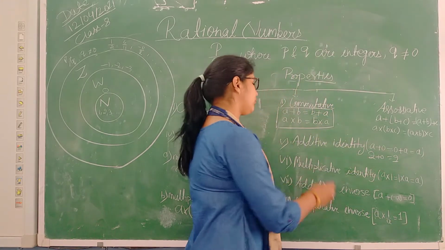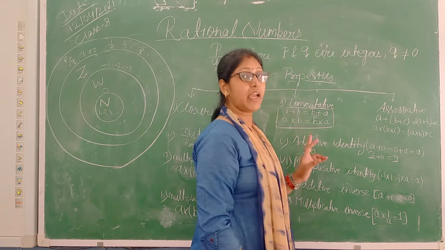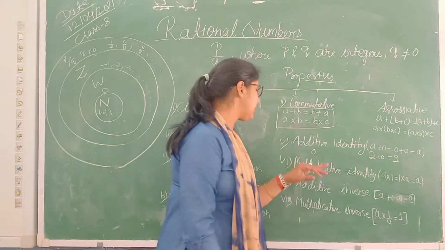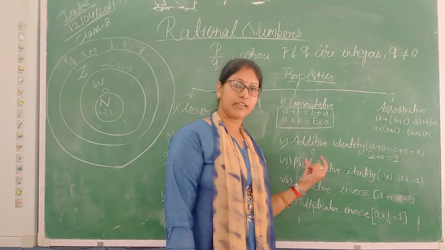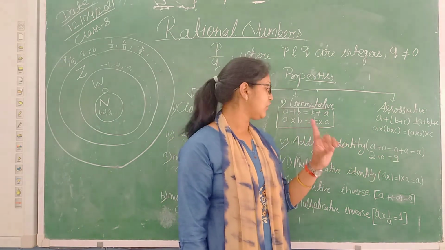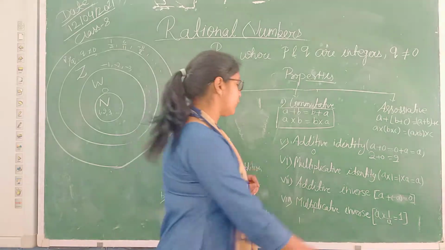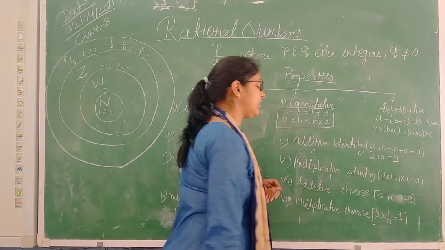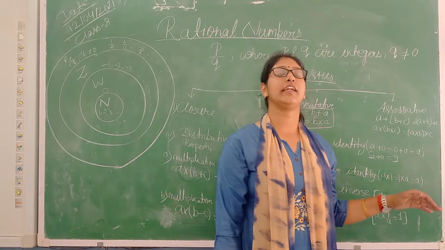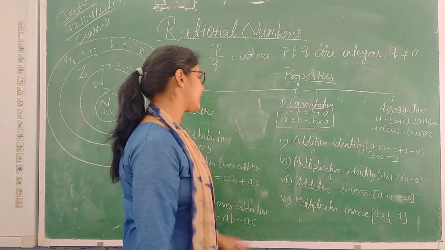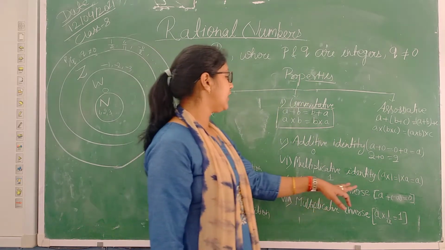So 0 is said to be the additive identity. Same as the multiplicative identity, it means a number by which we multiply and get the same number. It is always 1. So 1 is said to be the multiplicative identity, because when we multiply any number by 1, we get the same number.